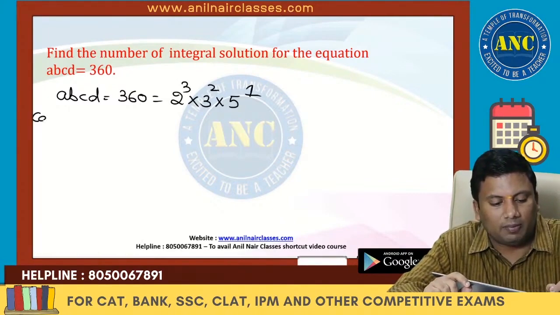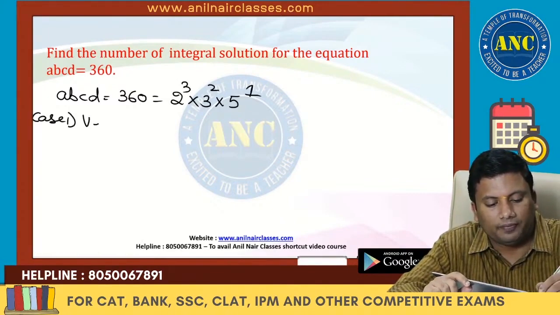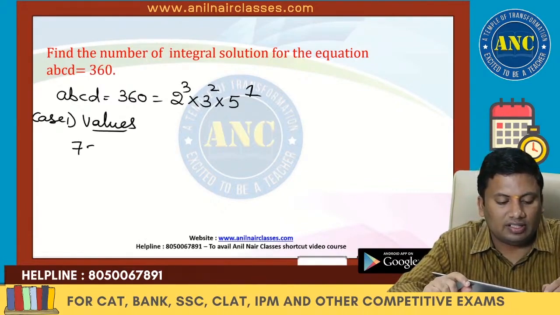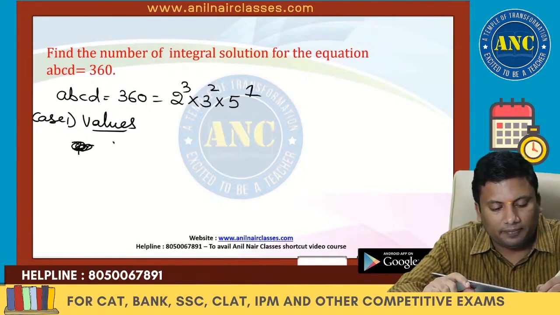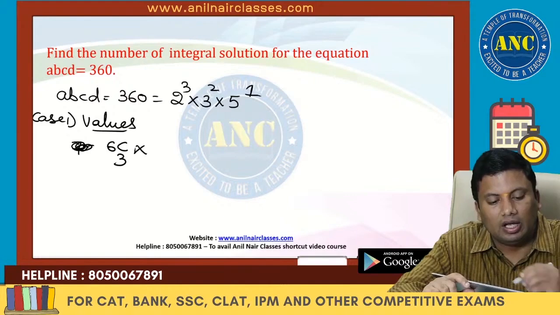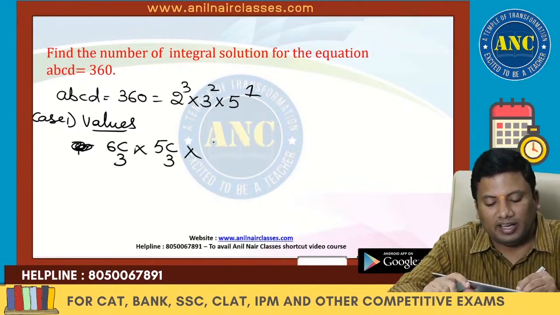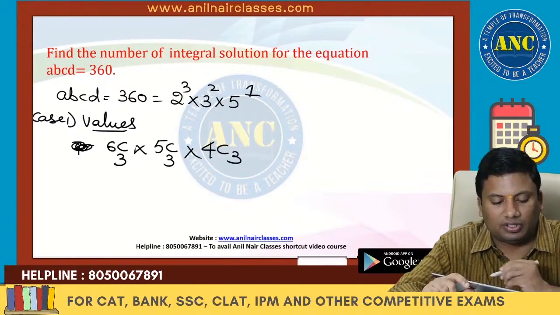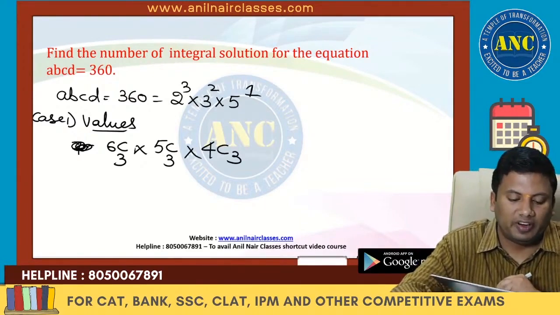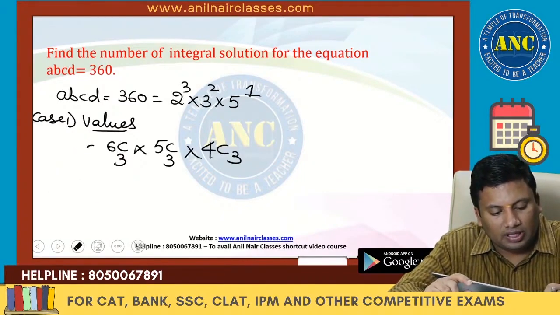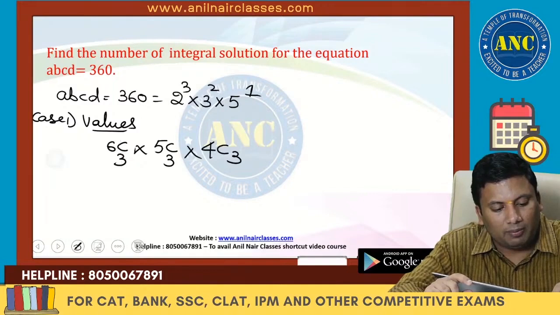Case number 1: values. 3 plus 4 is 7, which is 6C3. 2 plus 4 is 6, which is 5C3. 1 plus 4 is 5, which is 4C3. So 6C3 into 5C3 into 4C3. I hope this is clear. Now 4 variables it should be.